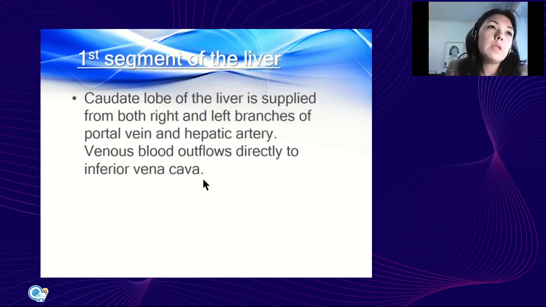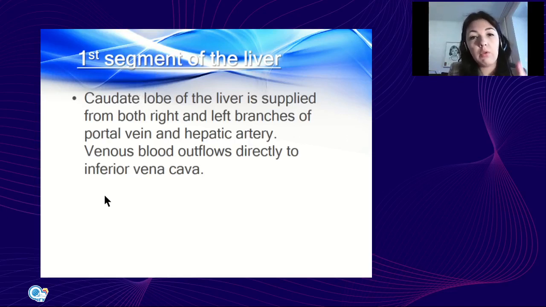So that's why the caudate lobe suffers less from pathology like cirrhosis, for example, or from ischemia. If, for example, there is a necrosis of the right or left lobe of the liver due to thrombosis of the right and left hepatic arteries or right and left branches of the portal vein, the first segment doesn't suffer much because it has double blood supply.